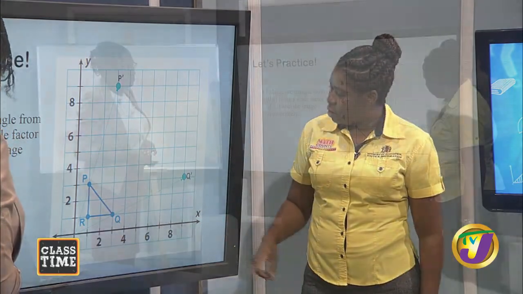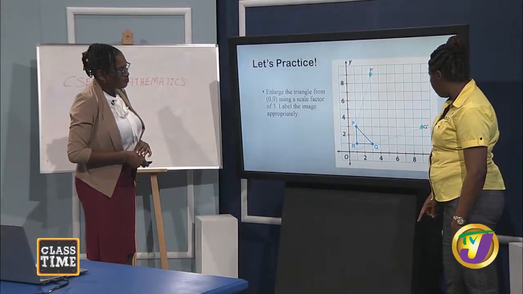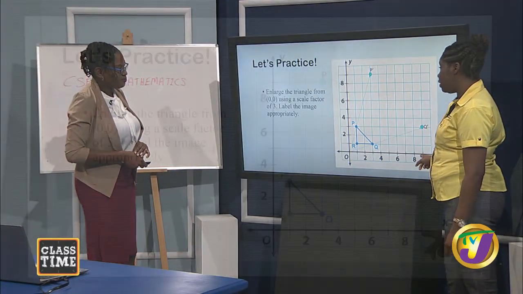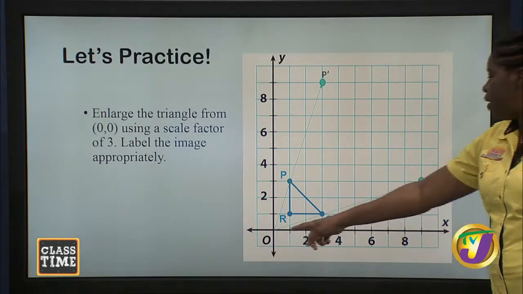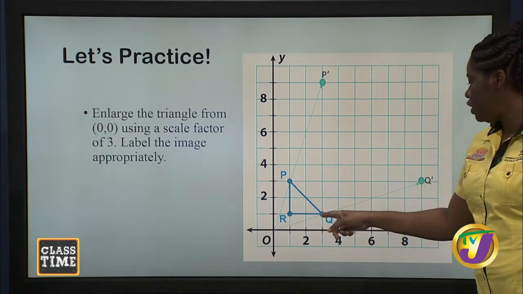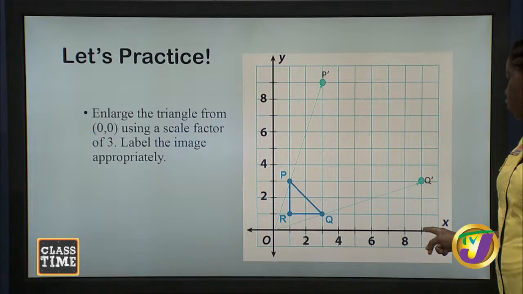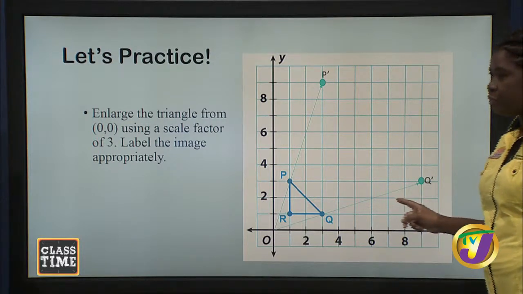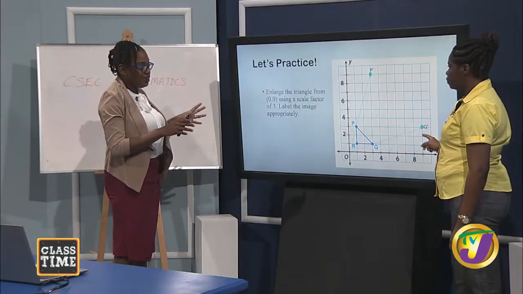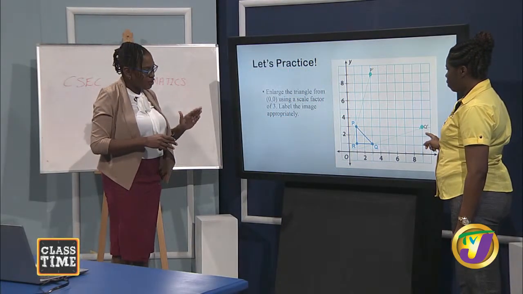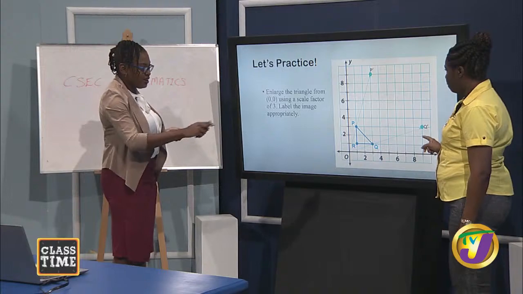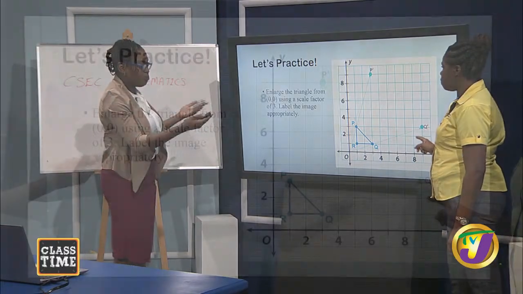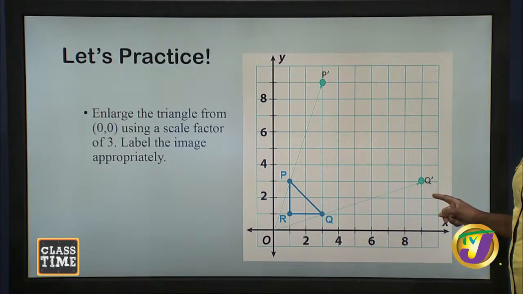But how do I know that it was going to be 3 at the Y? I calculated the 9 by multiplying 3 times 3, but how do I know how high up I should go on my Y-axis? All right, if you had the grid, you could easily draw the line segment and use that 9 only. But what if you didn't have the grid?